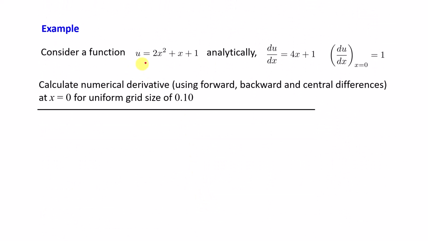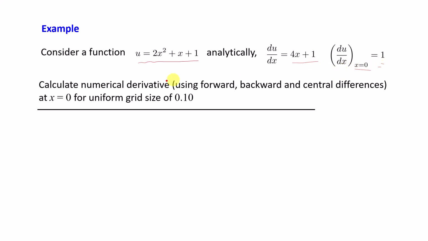Let us now take a function. Let us say that this is u equals 2x square plus x plus 1. If I take the derivative, it will give me 4x plus 1. If I take the value of the derivative at x equals 0, that will be simply 1.